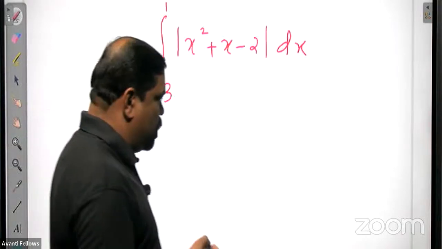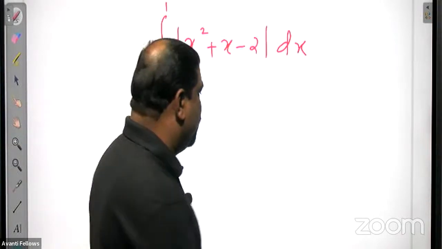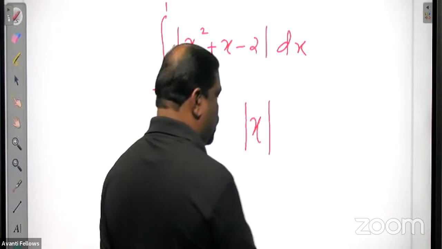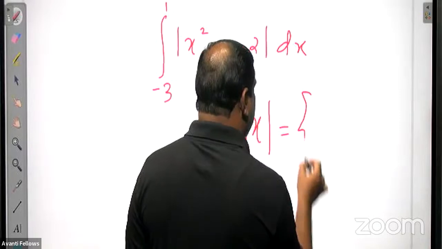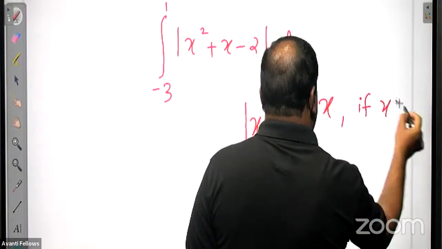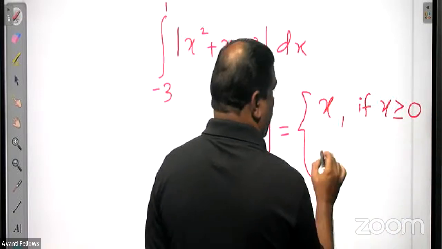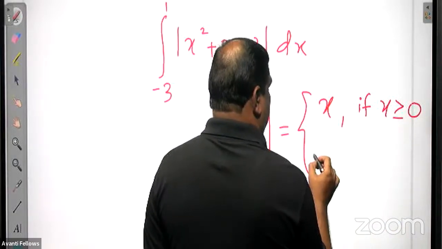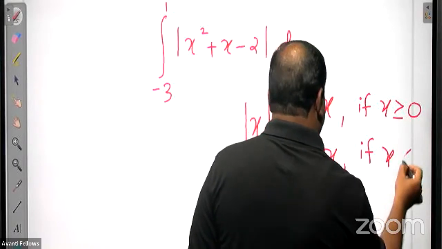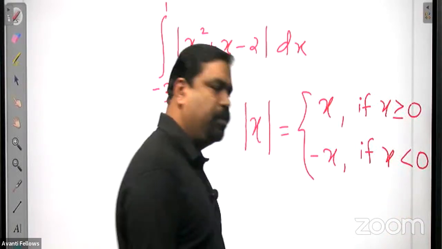So, I already told in the afternoon class also, whenever mod x comes, you know the definition of modulus of x: it is equal to x if x is greater than or equal to 0, and minus x whenever x is less than 0.